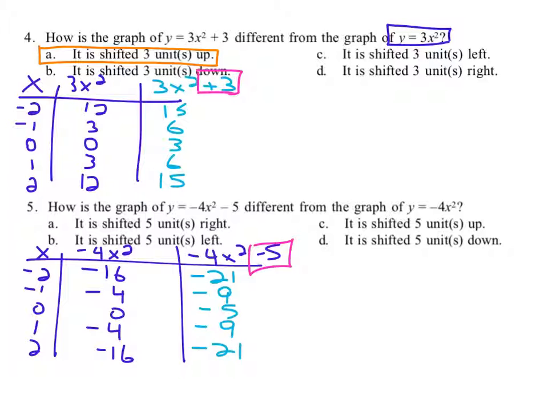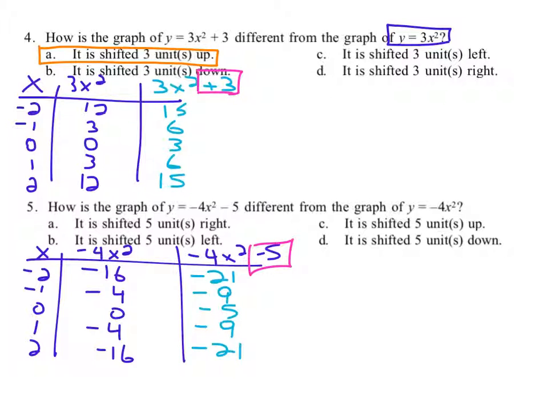So the number at the end, that constant value, is going to shift it up if there's a plus there from what it would be if it wasn't, or shift it down. And it doesn't move it left or right. It's simply affecting the y, the output value. So essentially, it doesn't really matter what the rest of the equation was.